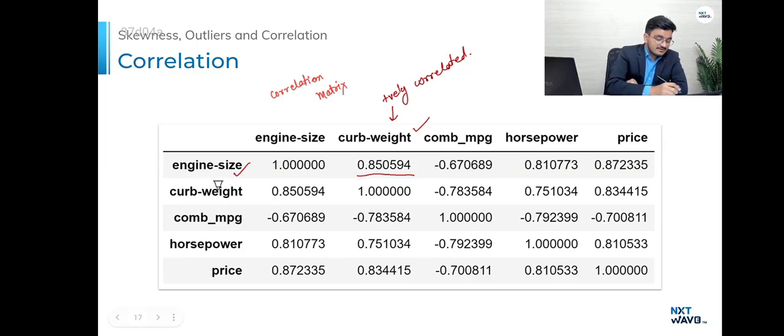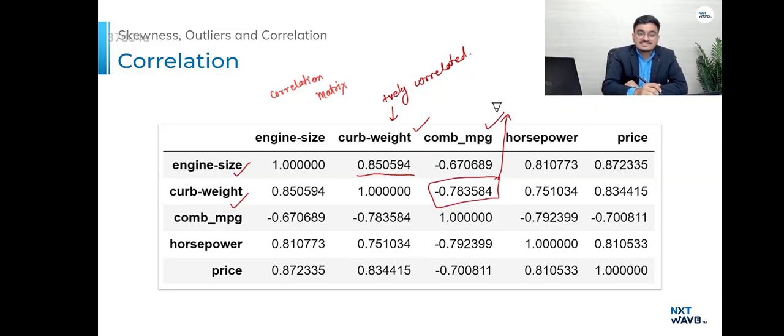And if we refer to the curb weight and the mileage, we got this value, which represents negative 0.78, which means these two are negatively correlated, right? And if we talk about the relationship between horsepower and price, we refer to this particular value.